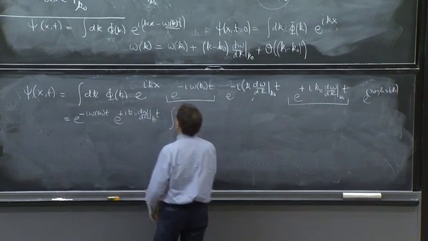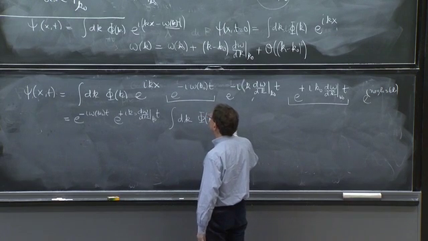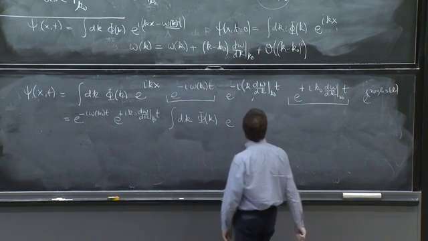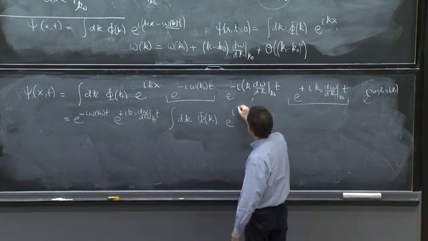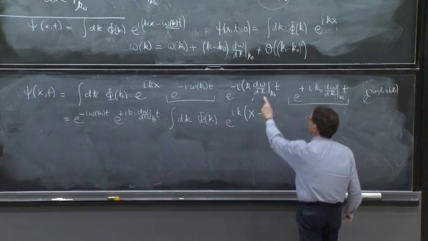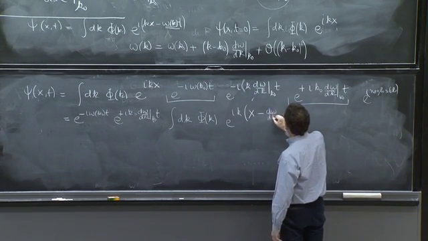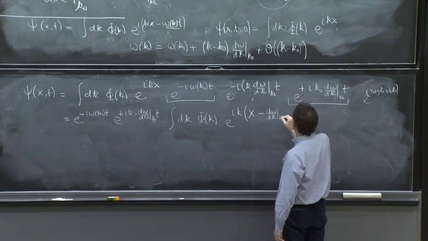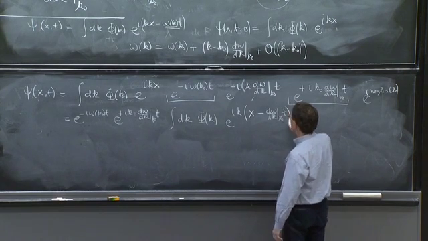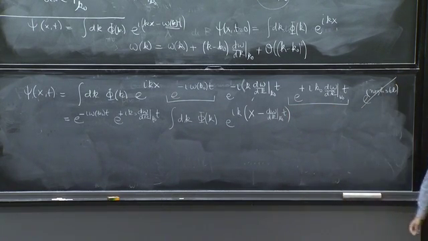Then the integral dk, and now I can put phi of k e to the i k (x minus d omega dk at k naught times t). And I ignore the negligible term. So far, so good.